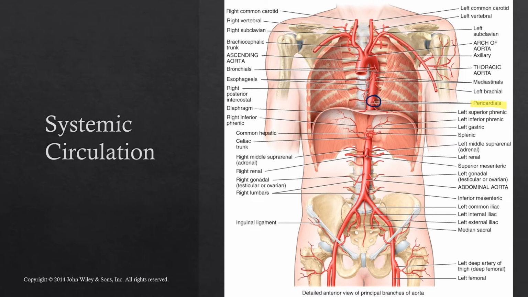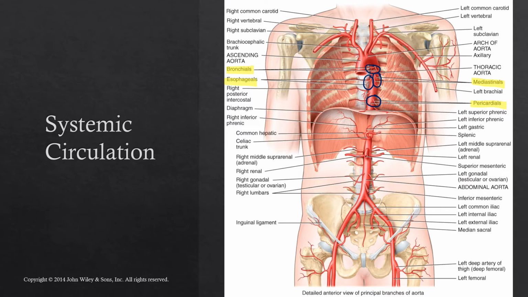The bronchials, going to the lungs, are up here. We also have the esophageals, going to the esophagus, and those are going to be about here, and the mediastinals, which are right here. So those are going to the organs within the thorax.